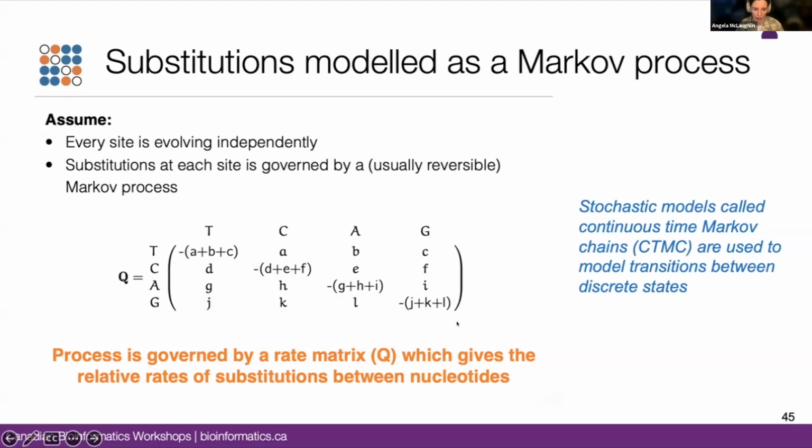And this is described by the rate matrix Q. And we also assume every site is evolving independently and that substitutions at each site are governed by this typically reversible Markov process.